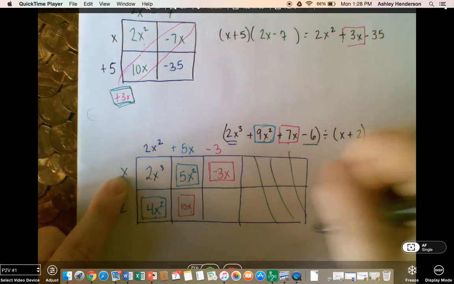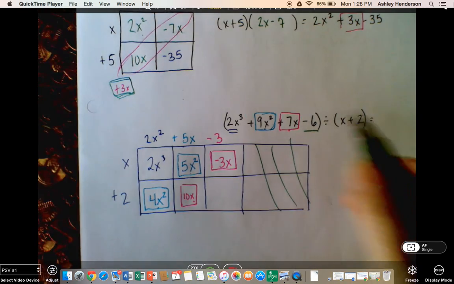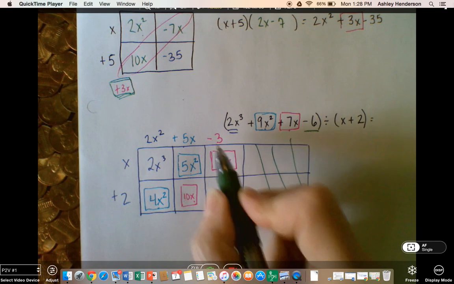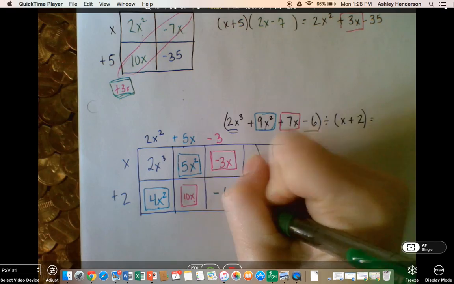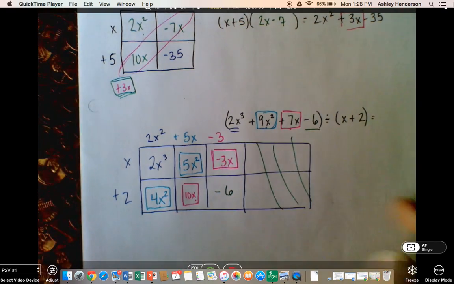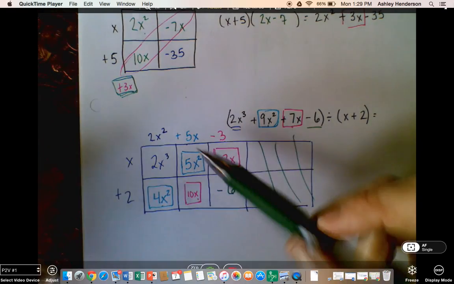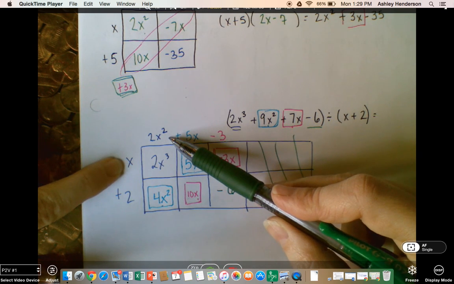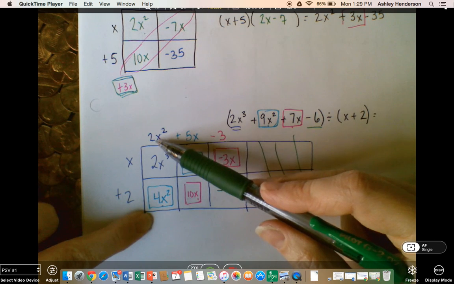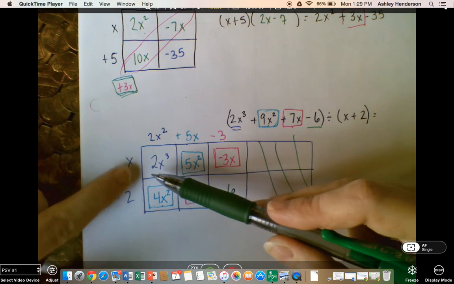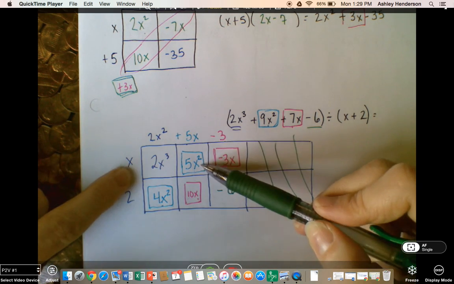Turns out these boxes were irrelevant. I know negative 3 times positive 2 is negative 6, so it does check out. I want to make sure everything works, so let's go back through. 2 times x squared, 2x squared times x, 2x cubed. 2 times 2 gives me 4, x squared; x times 5x is 5x squared.